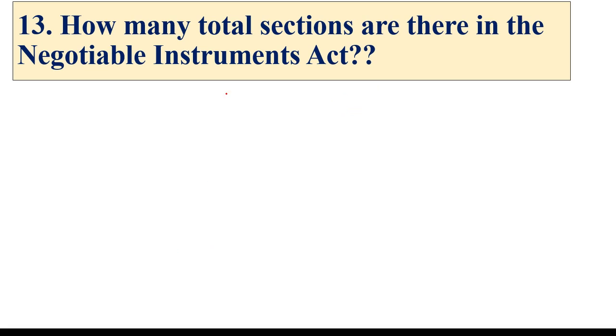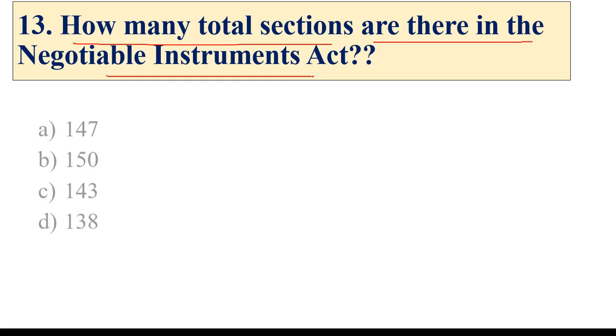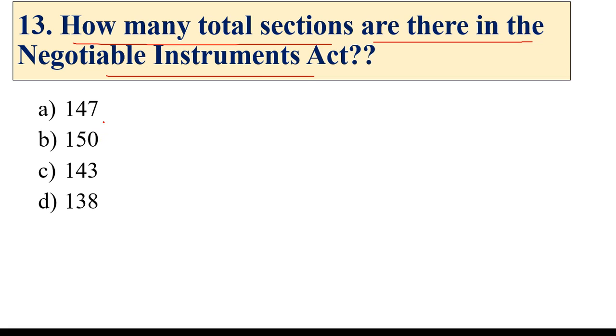Question number 13. How many total sections are there in the Negotiable Instrument Act? So we'll see the options. 147, 150. Option C is 143. Option D is 138.